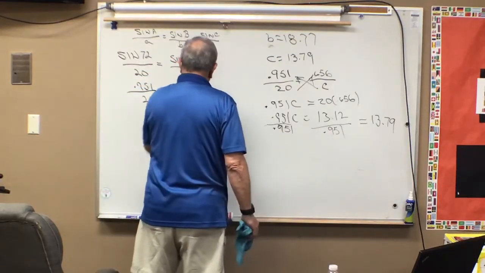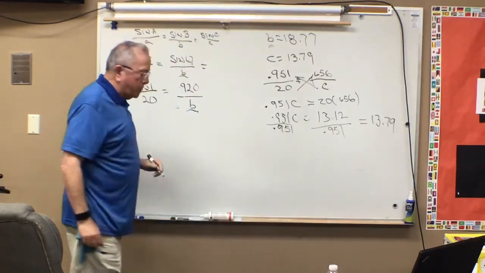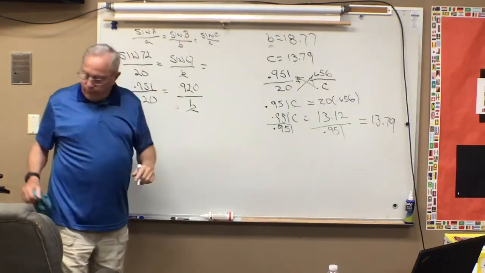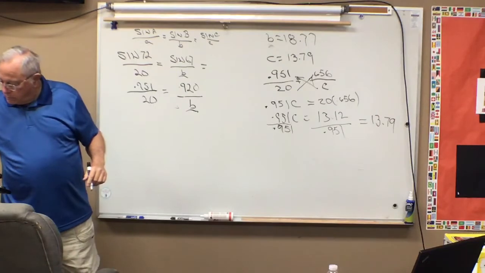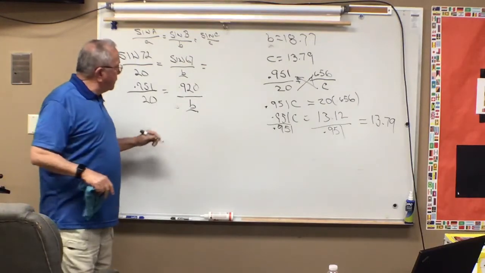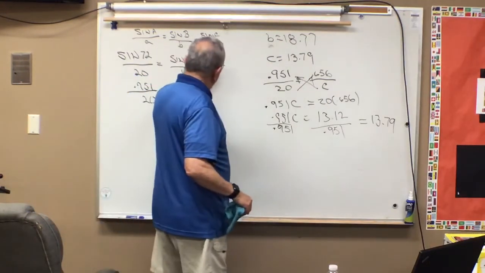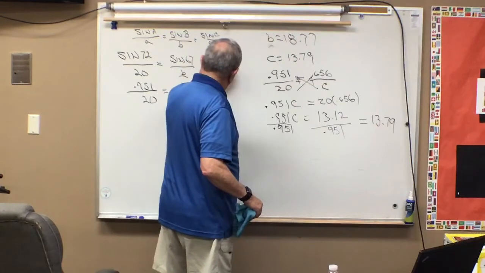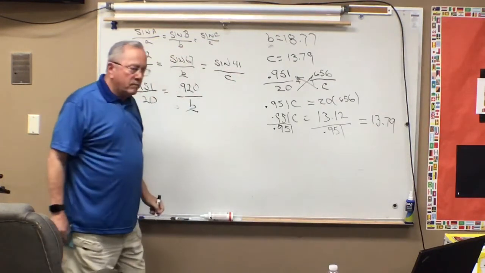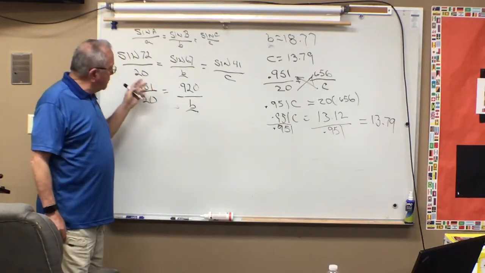All right, hopefully you made a copy of this. This was sine of 40, sine of 41, isn't it? So again, you're doing this twice.